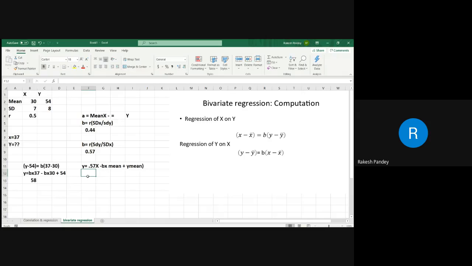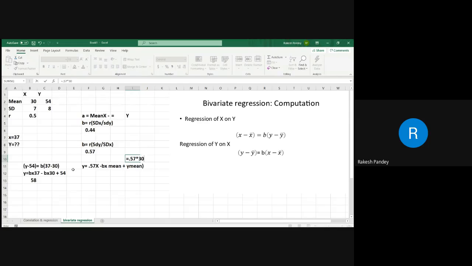So this will be b x mean, b into mean of x, so it is equal to 0.57 into the mean of x, which is 30.